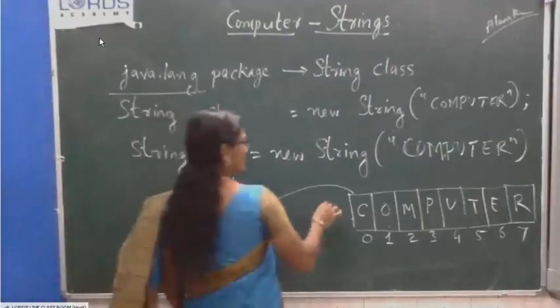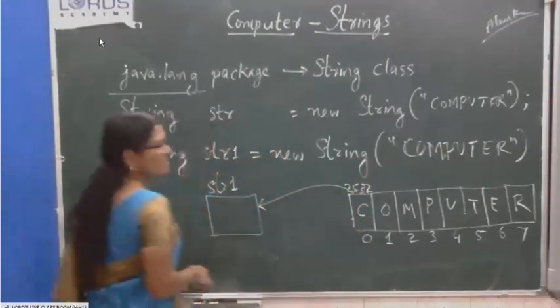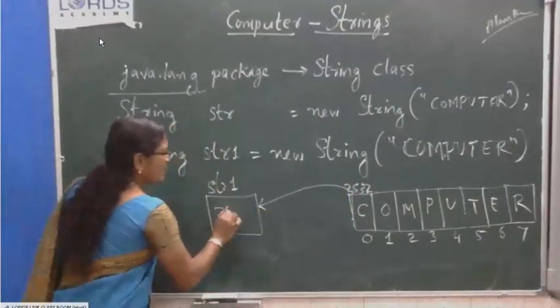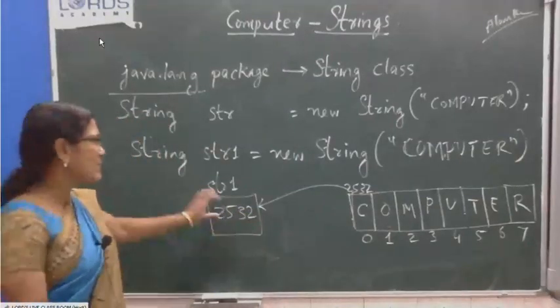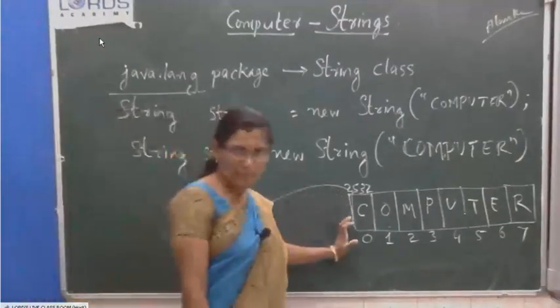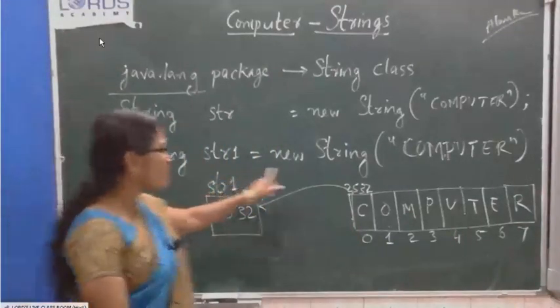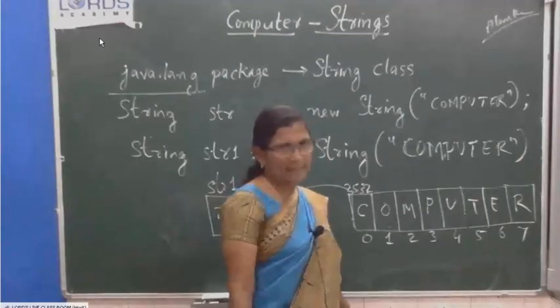Imagine that 2532 is the starting address of this first cell. So, that will be given to the string type variable. So, str1 points to a string in the memory. Now, str1 of 0 or 2 means a particular character, that we will see.